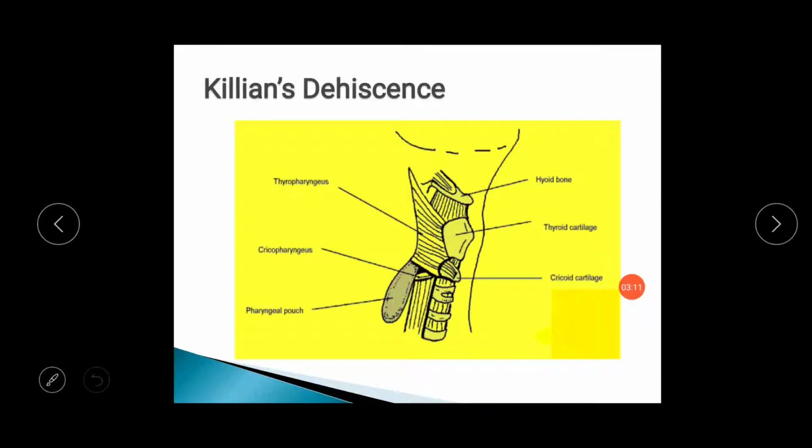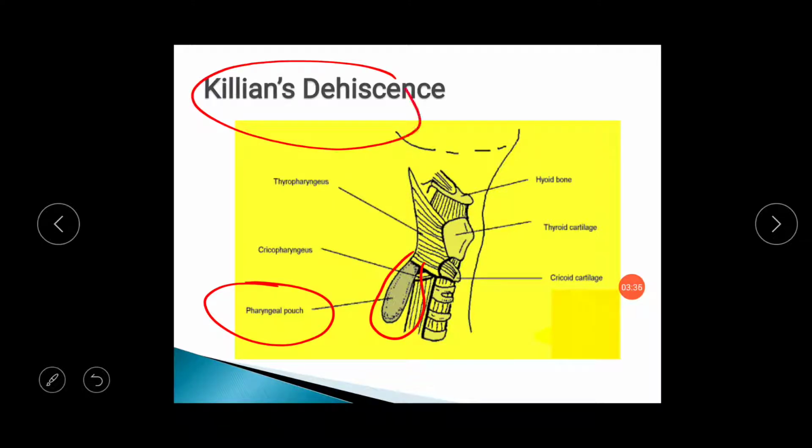Due to repeated increase in pressure over the oropharynx and hypopharynx, the pharyngeal mucosa which is present internally will come out from the gap between the thyropharyngeus and cricopharyngeus, which is known as Killian's dehiscence. So this pharyngeal mucosa will come out from here and form the pharyngeal pouch. This is the most important part of Killian's dehiscence.